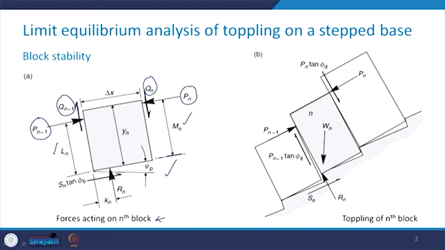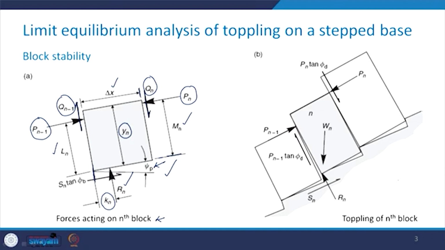The width of the block is delta x and the height is yn. This slope is given as psi p. There is going to be another force which is normal to this block, that is given by Rn, and this is acting at a distance of Kn from this face of the block.